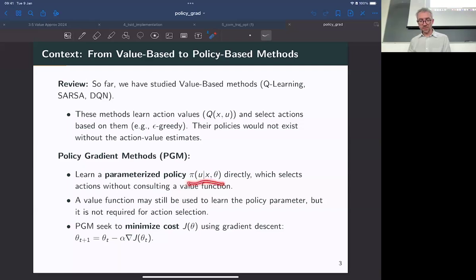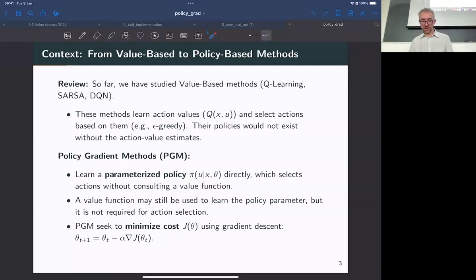So you parametrize a policy, typically using a neural network, but again, you can use any function approximation technique that you want. You're going to have your policy, which depends on the parameter theta, and you try to find the value of theta so that the policy performs well for the system you're trying to control. That's the key idea. I think it's a very straightforward idea. It actually makes more sense than everything we have done so far.